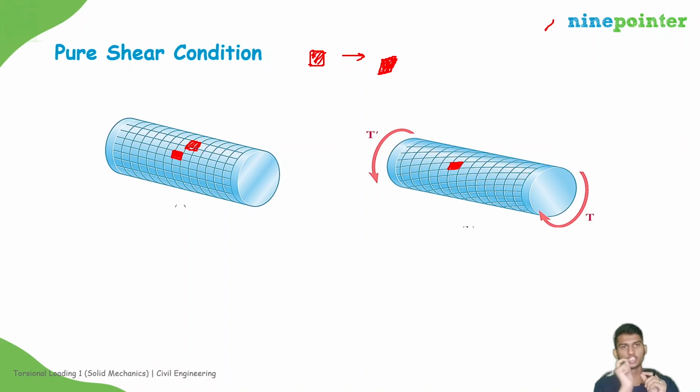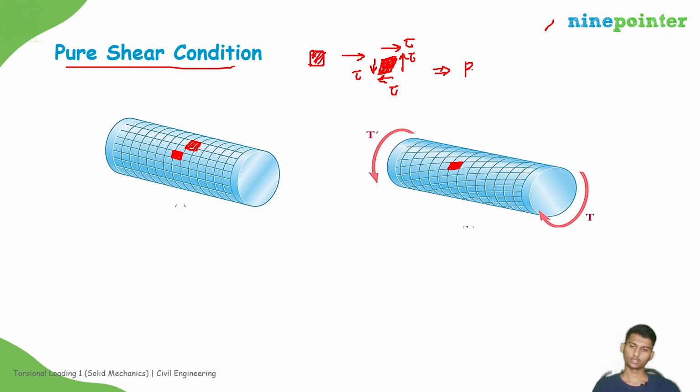That means it is in shear, but no other loads. So it is in pure shear, and only shear forces are acting here. It will have shear stress tau like this, and like this. So this is the pure shear condition.